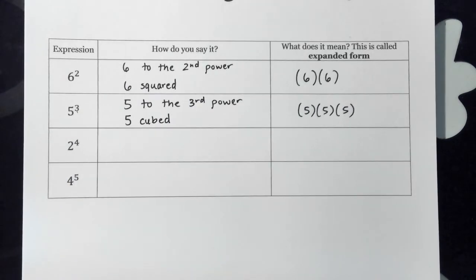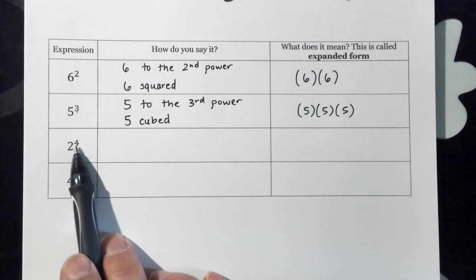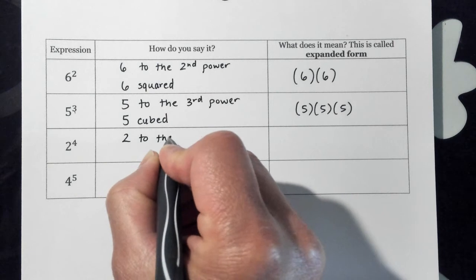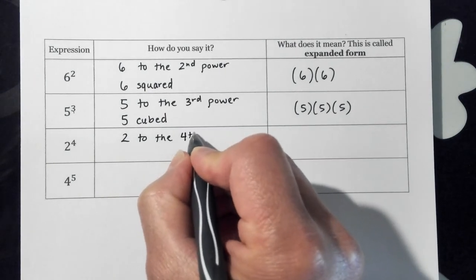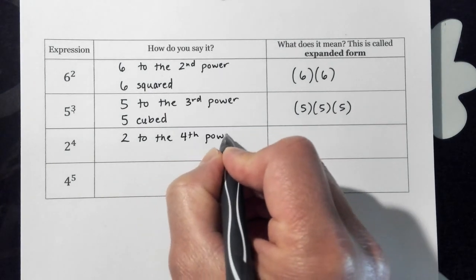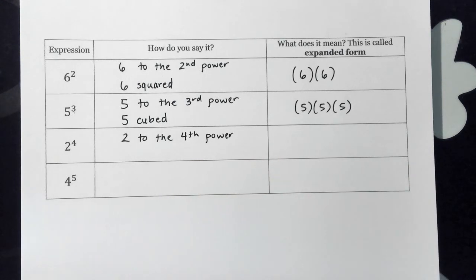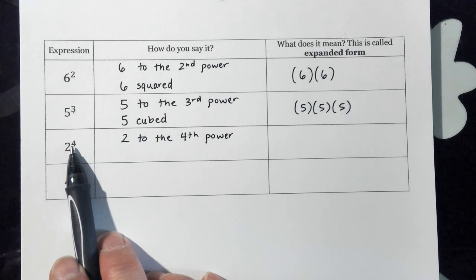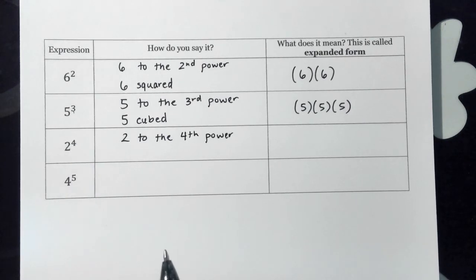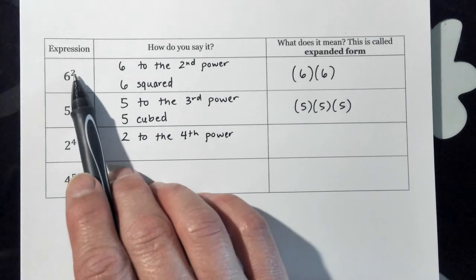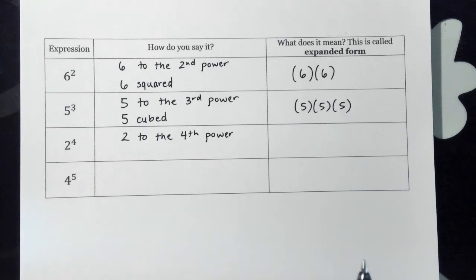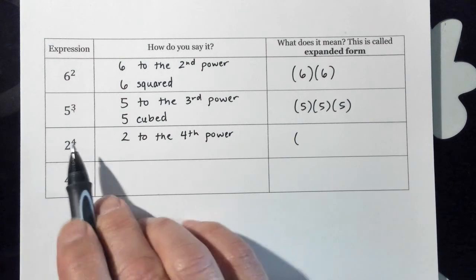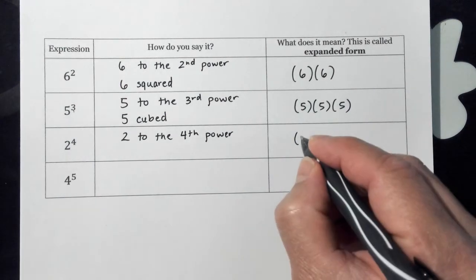Okay, next one. 2 to the fourth power, or 2 to the fourth. And there is no special way to say exponents of 4 or 5 or 6 or 7 or 8. Only exponents of 2 and 3 have a special way of saying it. Yeah? So 2 to the fourth, that means there are 4 factors of 2.